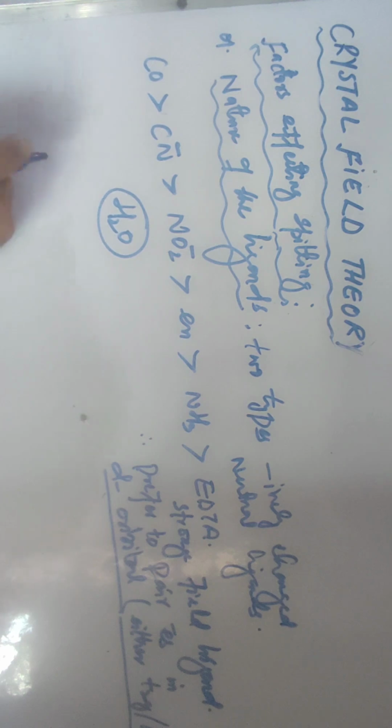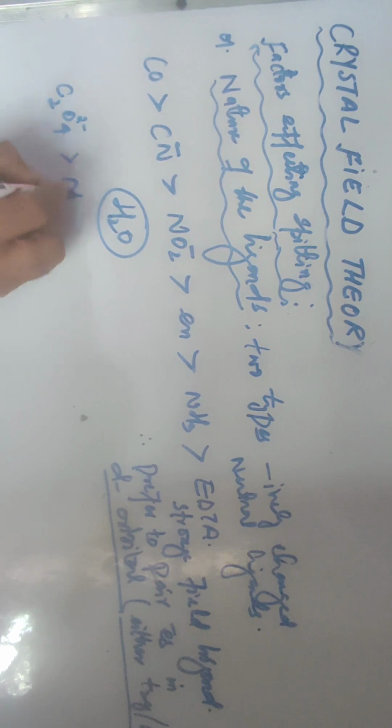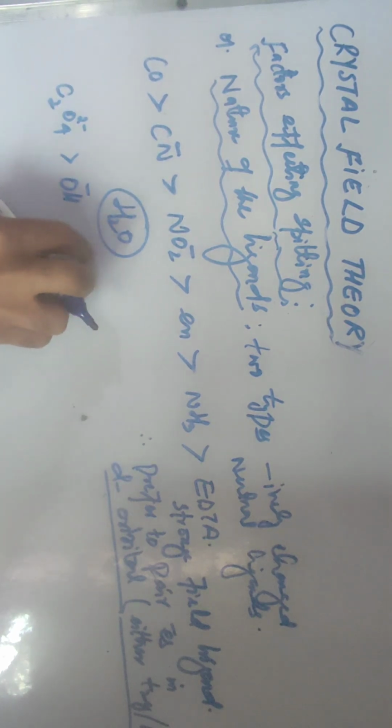Of them, the first one is oxalate, C2O4 divalent negative. Then we have hydroxide, which is stronger than water, keep it in mind.